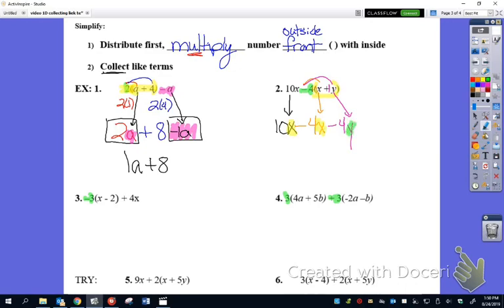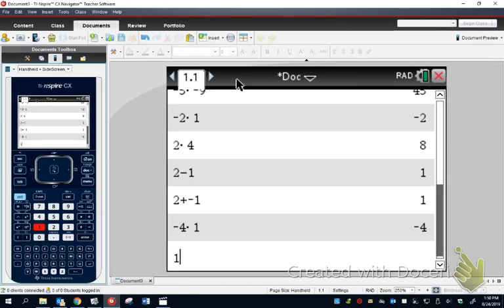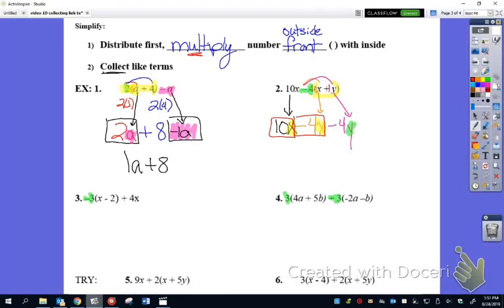So the ones that are the same are the x's. So 10 minus 4. So in your calculator, 10 minus 4, and you get 6. So that's 6, and I have to bring that variable down. Minus 4y just drops. There's your answer.